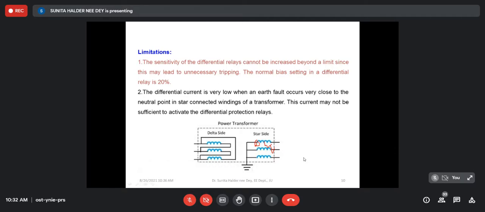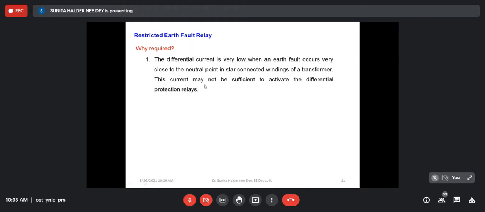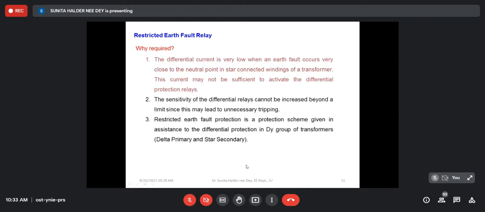It is generally used for delta-star and star-delta transformers, where only one side star is available. So there is a very good possibility for the differential relay to overlook the fault. That is why a restricted earth fault relay is required, as I have discussed.